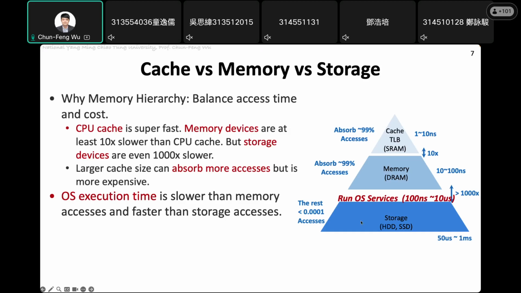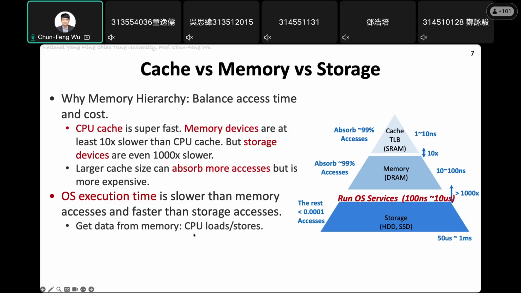So for your operating system designs, there are different ways of handling memory or storage access. If the CPU is going to get the data from memory, then the CPU can directly do the load store instruction. The reason is that it is not a good trade-off to run the operating system, because running it is quite slow.